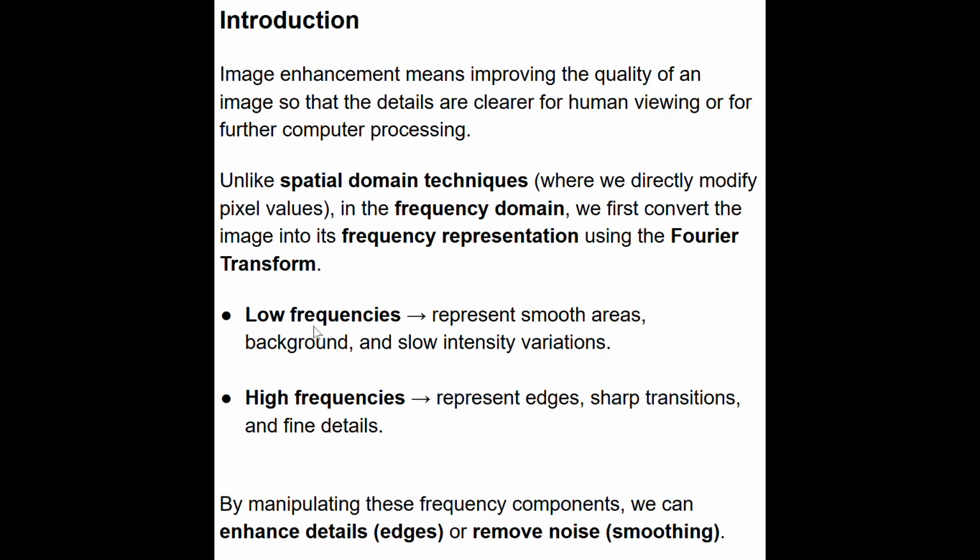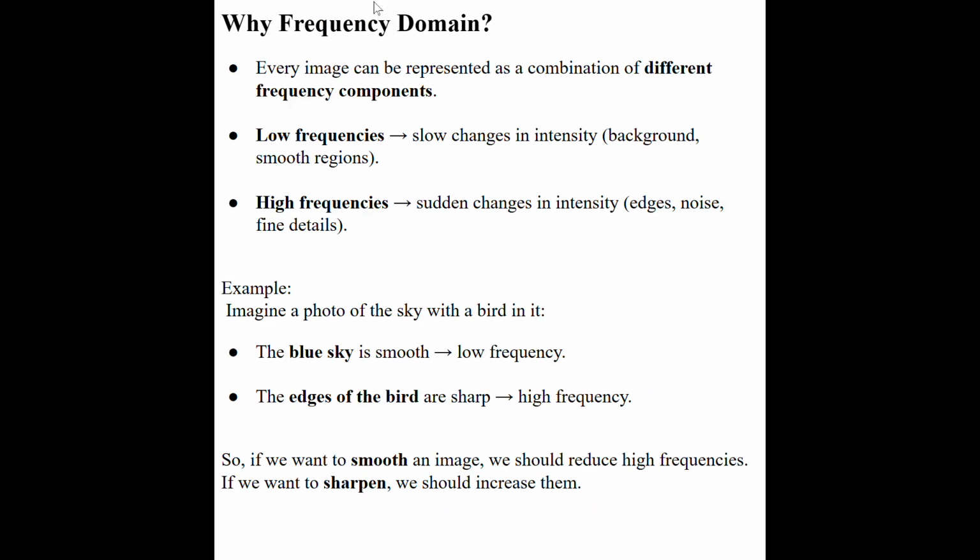By manipulating these low frequency and high frequency components, we can enhance the overall details of the input image, where we work on the edges and noise. To enhance details means we are working on edges, and removing noise means we are performing the smoothing operation. So why is the frequency domain very important?